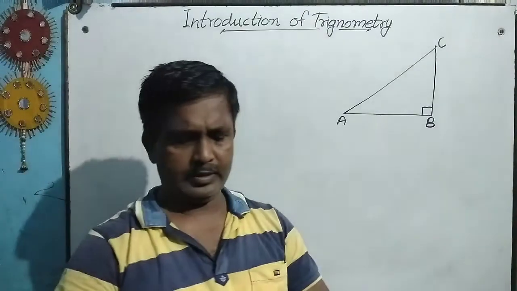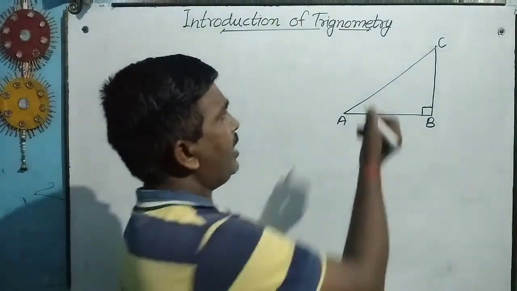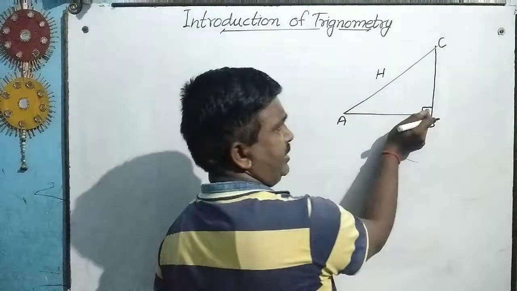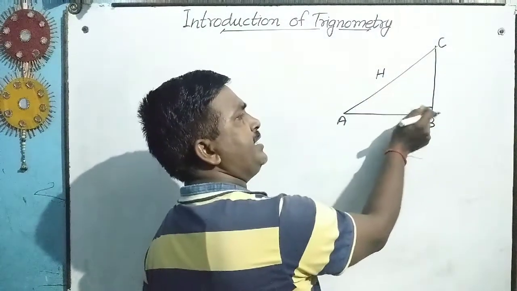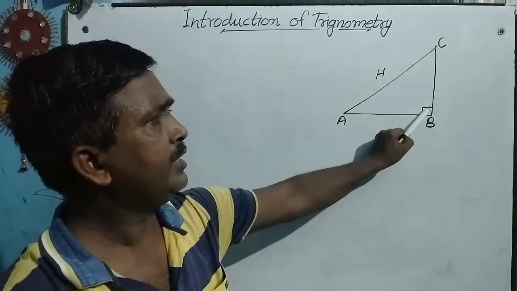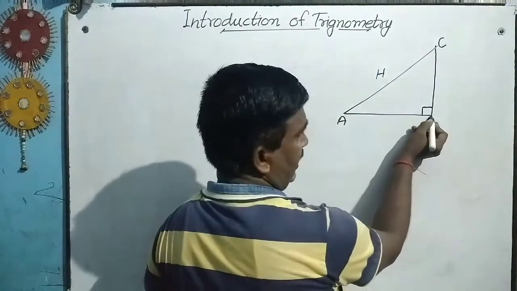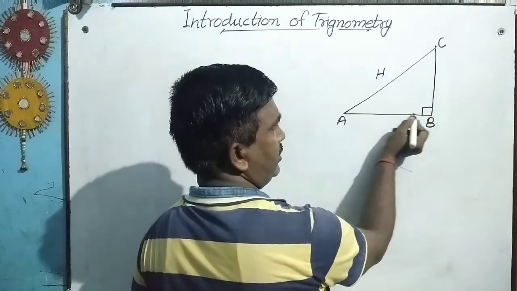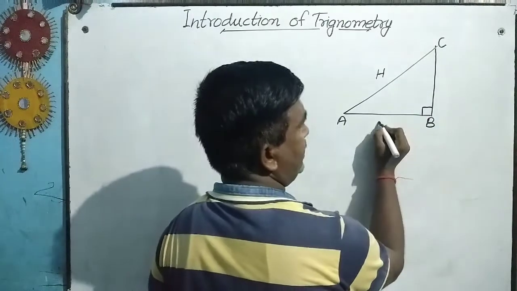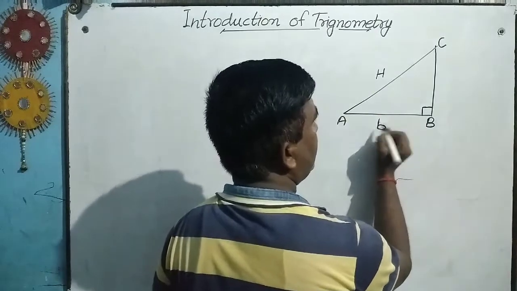You know that in a right angle triangle there is the hypotenuse side, which is just in front of the 90 degree angle. The side which is in front of the 90 degree angle is the hypotenuse, and the side from its 90 degree angle along the ground level is called the base, that is, small b, base.